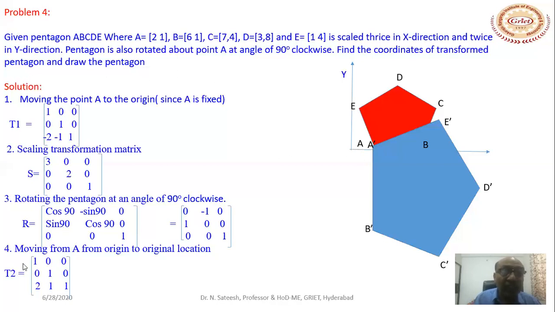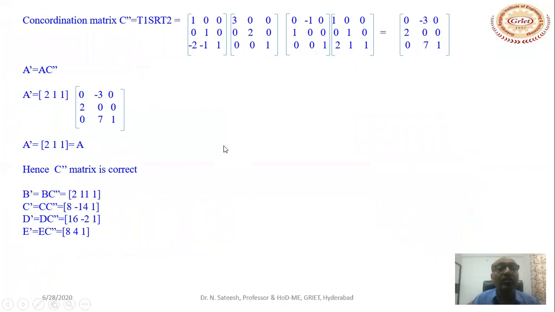Then the fourth activity: since A is now at the origin, we have to move A from the origin back to the original location. Again, we add 2 units in the x direction and 1 unit in the y direction. Then the translation transformation matrix T2 becomes [1 0 0; 0 1 0; 2 1 1]. These are the four transformation matrices T1, S, R, and T2.